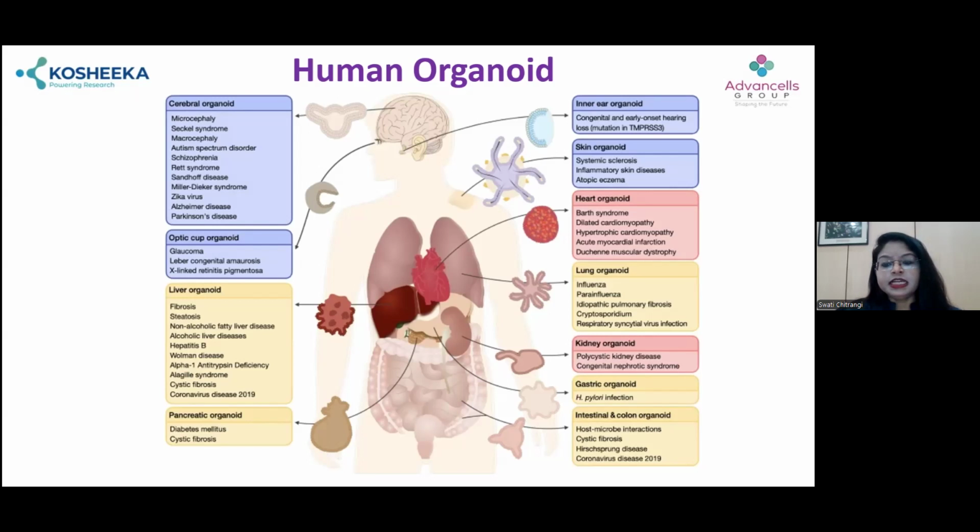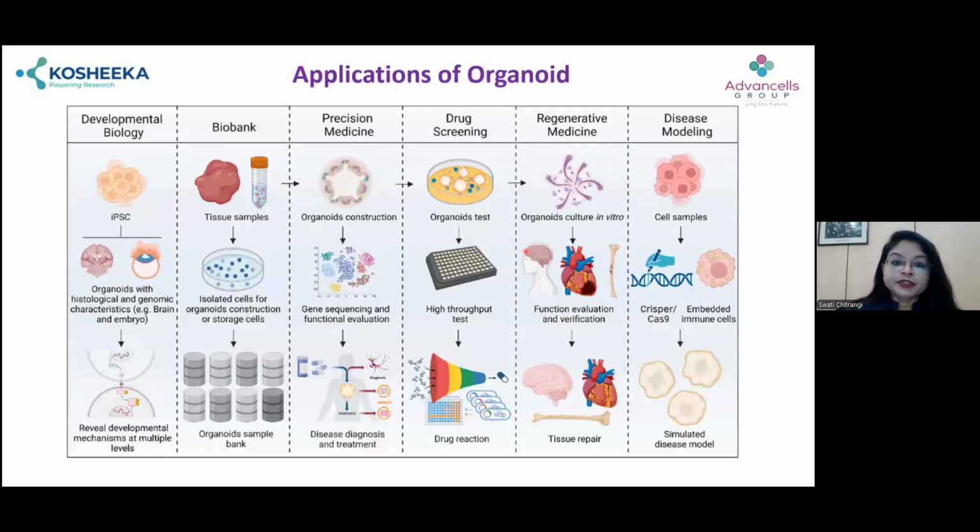Then intestinal and colon organoids have been developed to study cystic fibrosis or any kind of microbial interaction. Even it has been used for coronavirus disease study also. So this is one short snapshot of how these organoids can be used in the drug discovery process, in disease modeling, or drug biobanking.